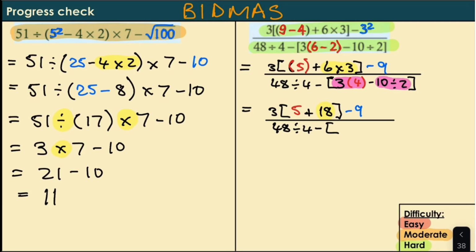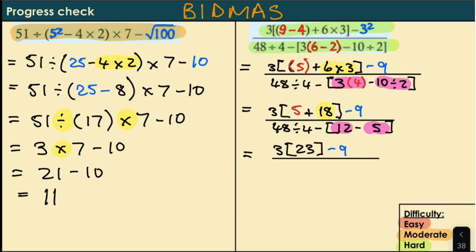Inside the square bracket, I have a 3 multiplied by 4, and equally important, I've got a 10 divided by 2, because multiplication and division are equally important. So let's do both of those together. 3 multiplied by 4 is 12, and I subtract 10 divided by 2 is 5. Now on my top line, I have 5 plus 18 in the square bracket. That is 23.